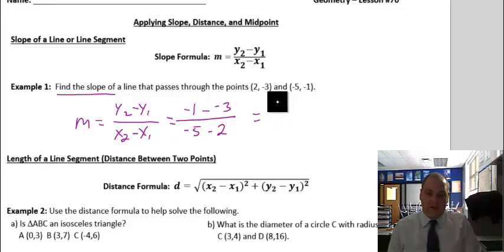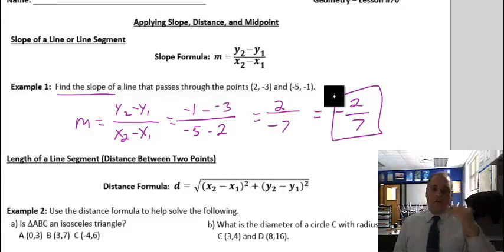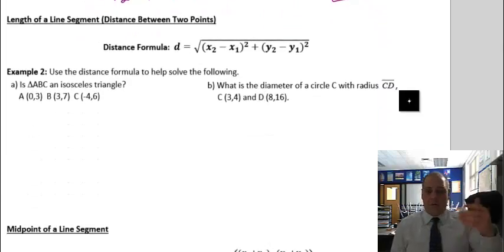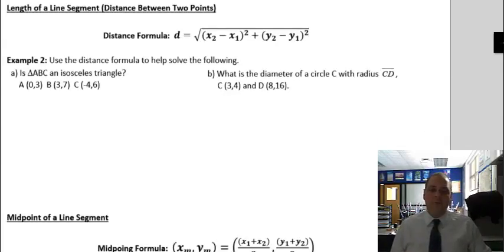So it's going to be 2 over -7, which is -2 over 7. So the rise over run, the slope, is -2 over 7. All right, that's a review of the slope formula. You're going to need that, and we'll show you in other lessons where you're going to use it. Really, I want to focus on distance and midpoint here, though.